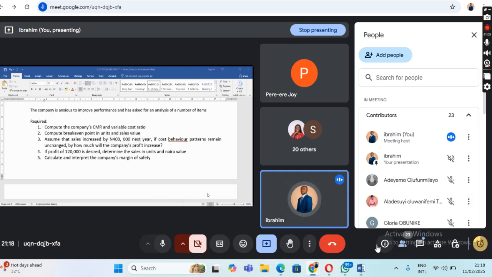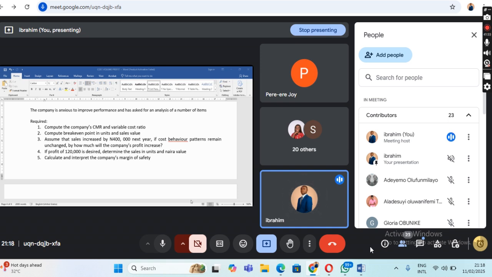This is the way we'll be solving most CVP questions. You just have to think: they said sales will increase, so what will increase when sales increase? It is variable cost. So definitely I need to get the increase in the variable cost.